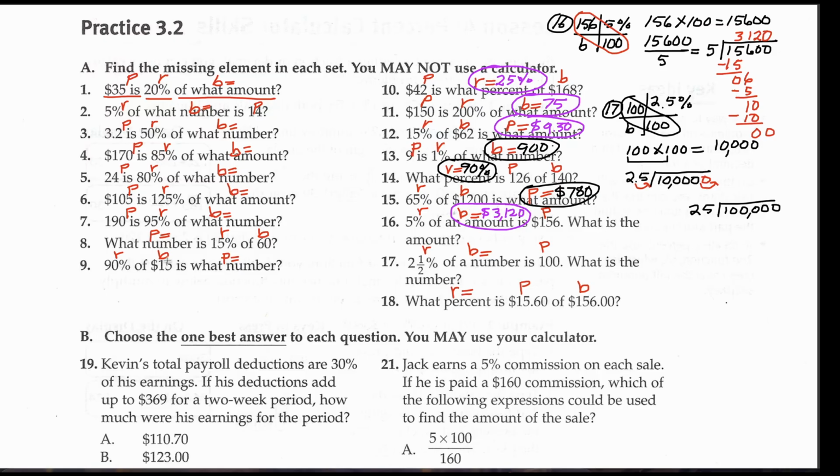Ask ourselves, how many 25s in 100? You should know that it's 4 times. So 4 times 25 is 100. Subtract out, I have 0. And the rest zeros, I can just move up. So now I have 4,000. 4,000 is my answer. Write 4,000 right here, and circle my answer.